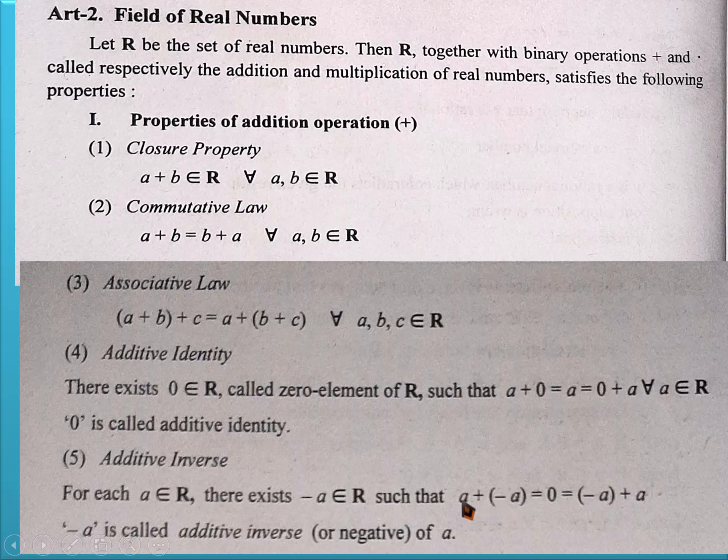This minus a is called additive inverse of a, or negative of a. For example, 2 is a real number, its additive inverse is minus 2. Again, minus 3 is a real number, its additive inverse is 3.